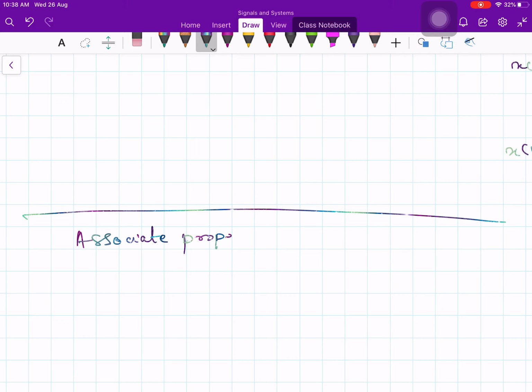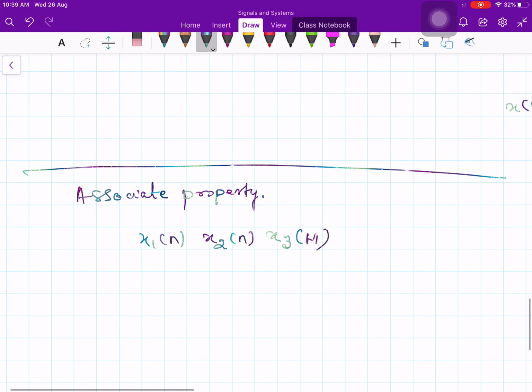If you have a convolution of 3 signals, let us say x1 of n, x2 of n, then x3 of n, then this associative property says the order in which this is carried out is not important. Okay, in which order you are going to carry out. That is what it says: you take x1 of n, you first convolve with x2 of n and then you take this result and convolve with x3 of n.